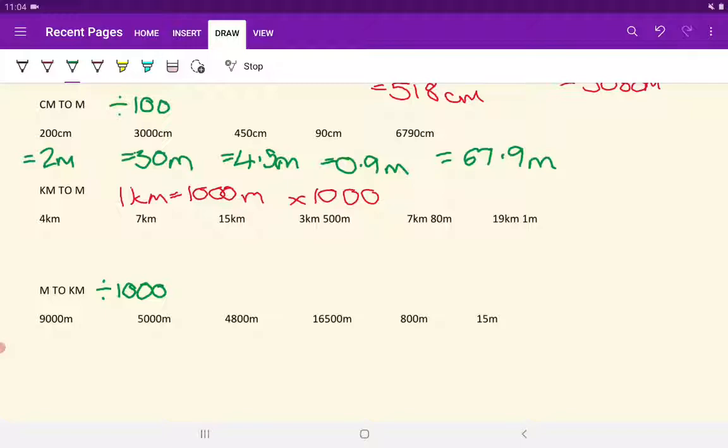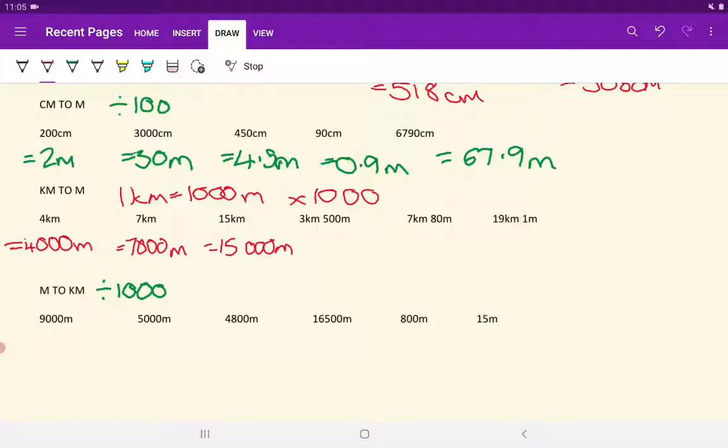So 4 kilometres, 4 times 1,000 is going to be 4,000 metres. Okay, 7 kilometres, 7 times 1,000 is going to be 7,000 metres. 15 kilometres, 15 times 1,000 is going to be 15,000 metres.